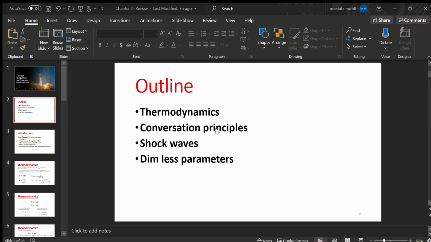So for the monatomic gases, just single atom gases, the degree of freedom, DOF, is going to be different compared to the diatomic gases, right? Monatomic gas, diatomic.